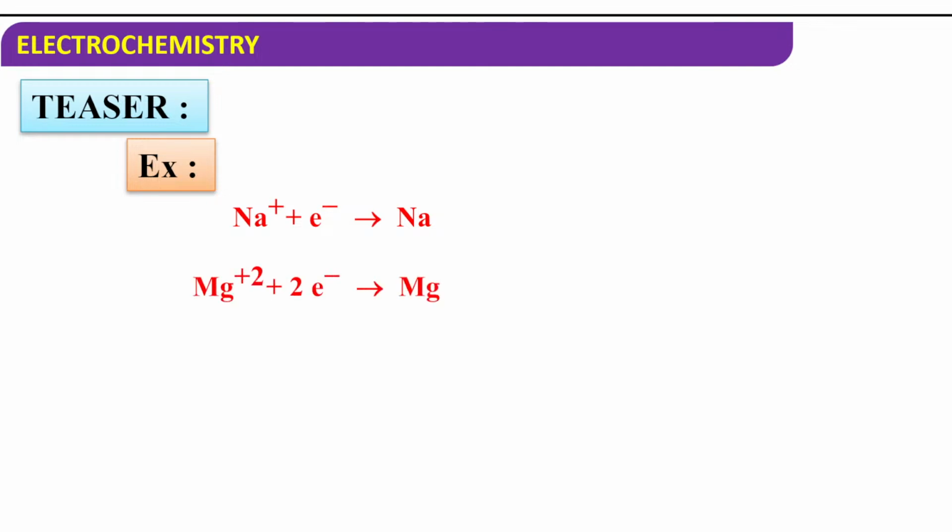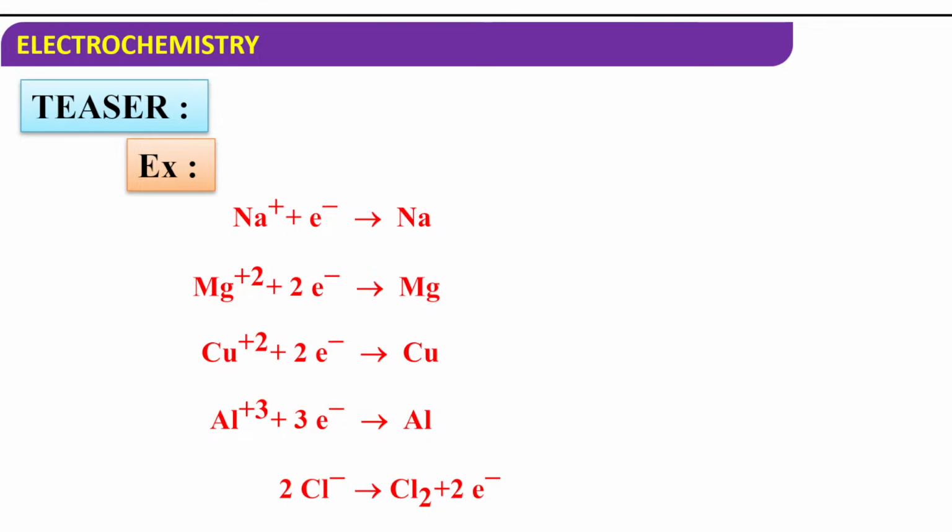In case of Mg2+, we need 2 electrons to get metal. In case of copper 2+, again we need 2 electrons. In case of aluminium 3+, we need 3 electrons. And to get chlorine from chloride ion, we will use 2 electrons.